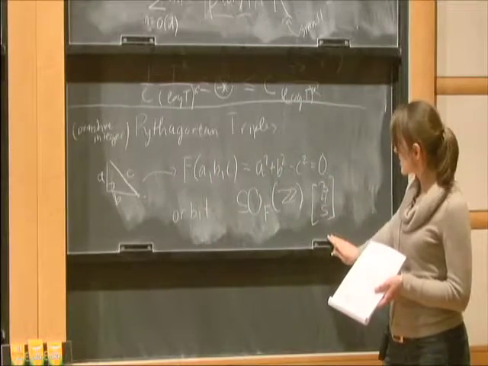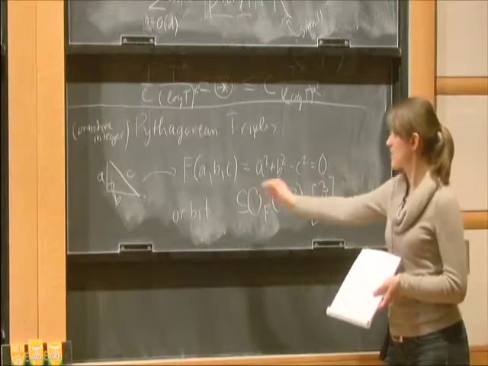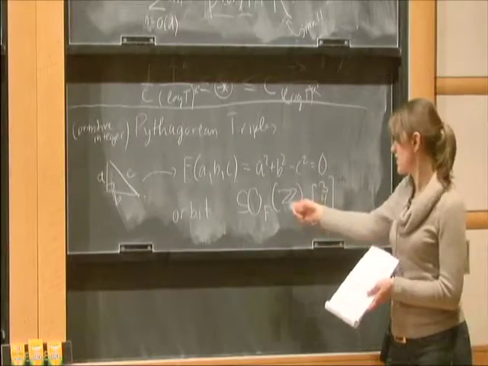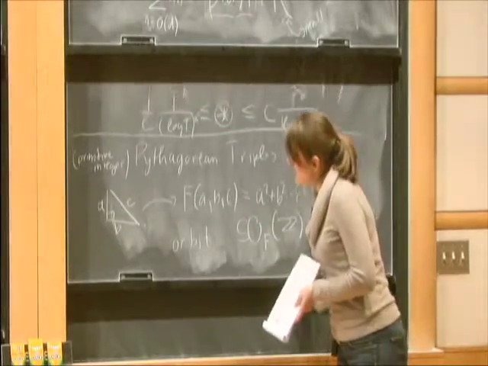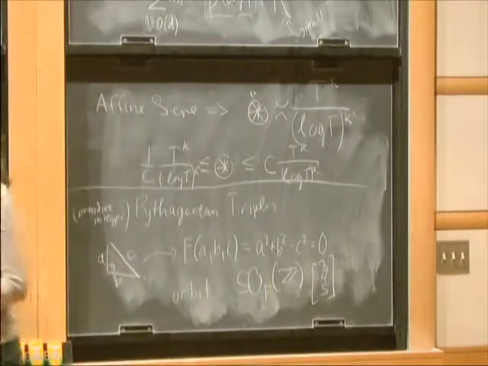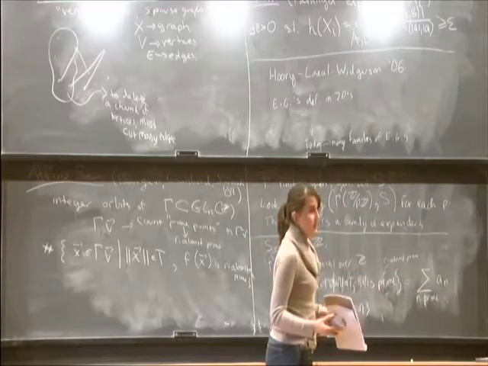So here, basically, the set of Pythagorean triples is described as an orbit of a group. And this group has 3 generators. And you can ask all sorts of questions. For example, you can ask about the primality of the area of such triangles.